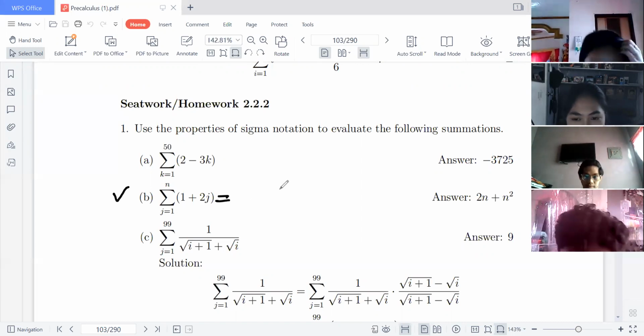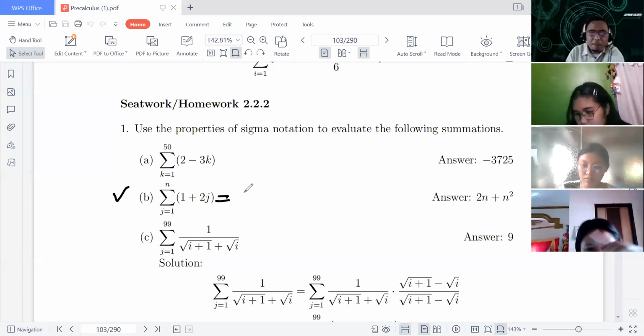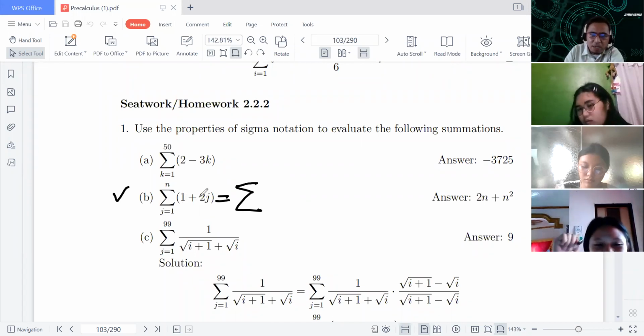Same as A, sir, the summation above. So it will be the summation of, and you just distribute the summation.